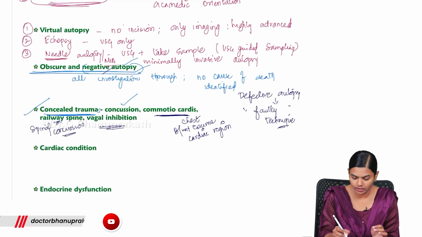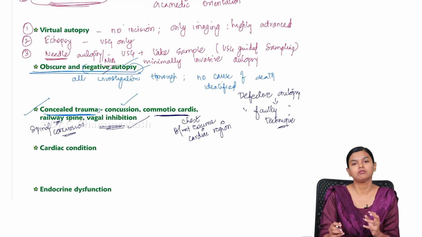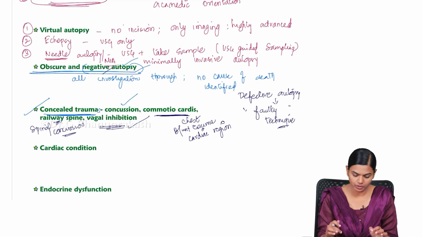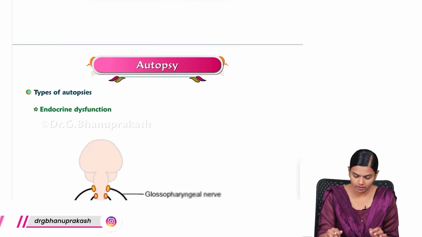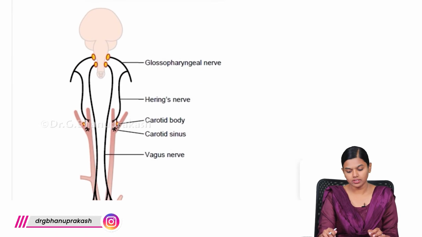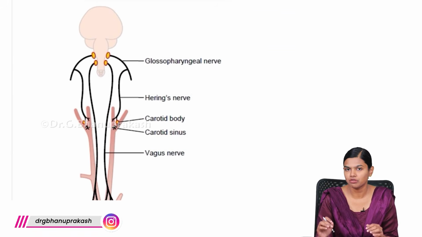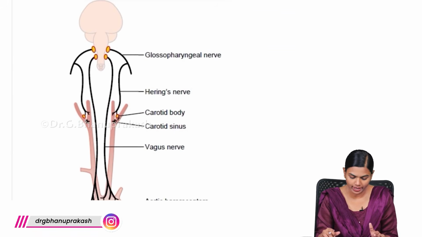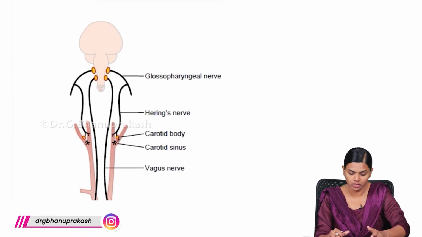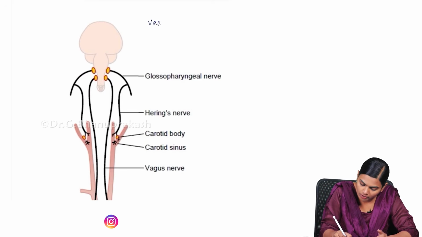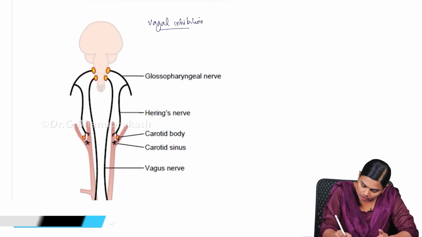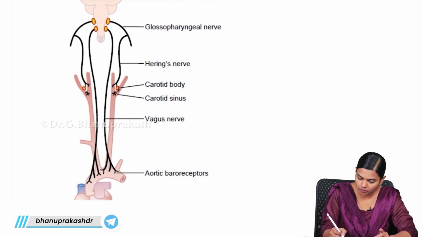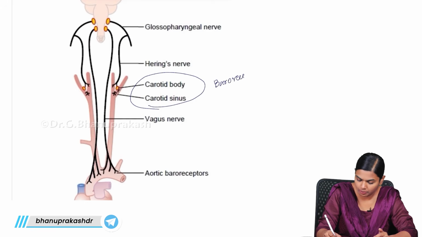And vagal inhibition is a very important phenomenon, dealt with in a lot of conditions. They will simply say that vagal inhibition of the heart happened. So what exactly is vagal inhibition? It mainly occurs due to the activation of the baroreceptors.